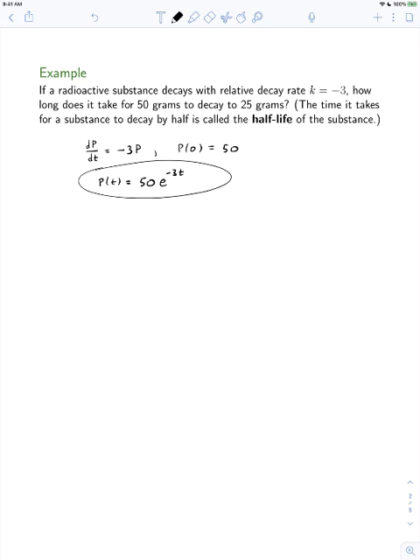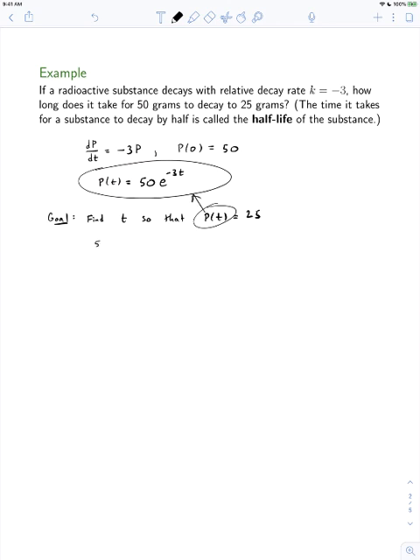Now, our objective here is to determine how long it takes for the substance to decay from 50 grams to 25 grams. So our goal here is to find t so that P of t is equal to 25. Basically, our objective now is to solve for t, because we know what P of t is, we've got the formula right there.